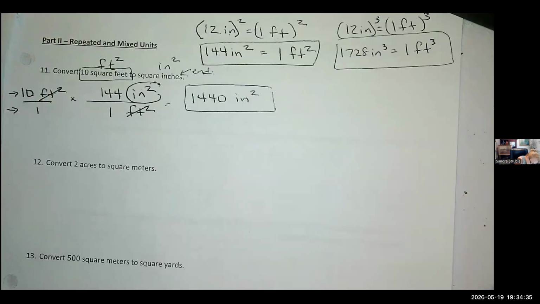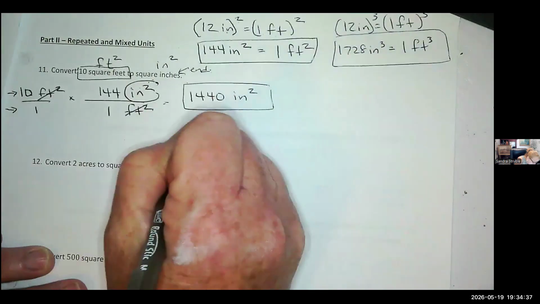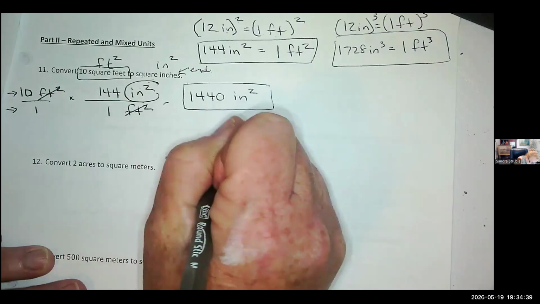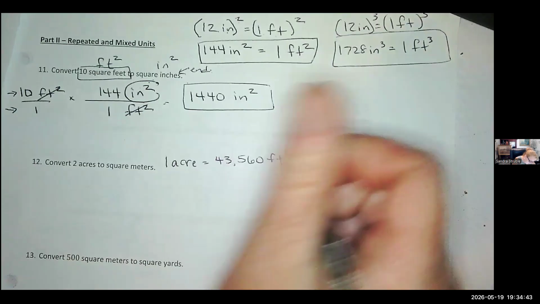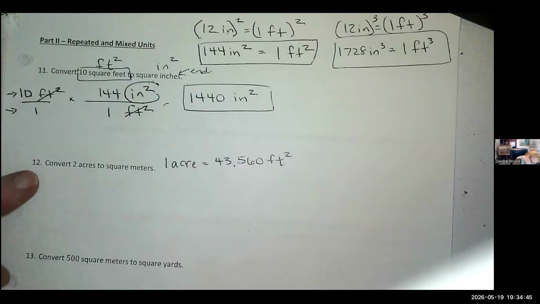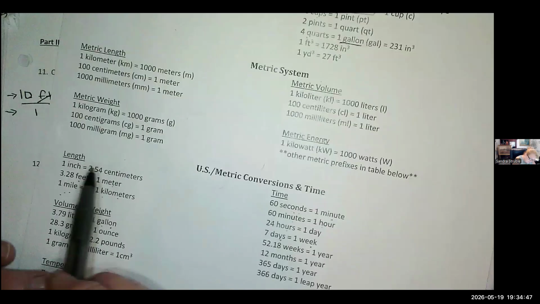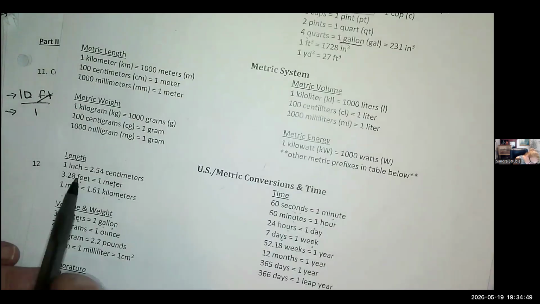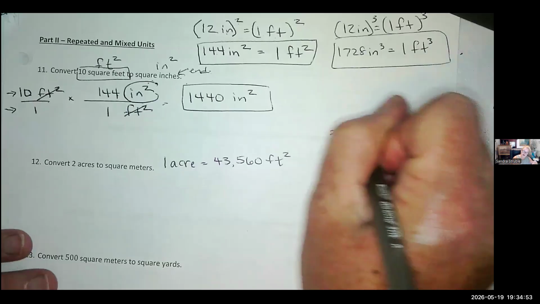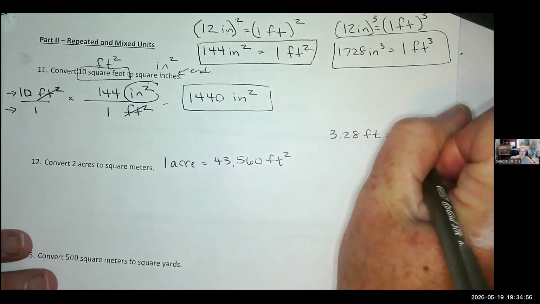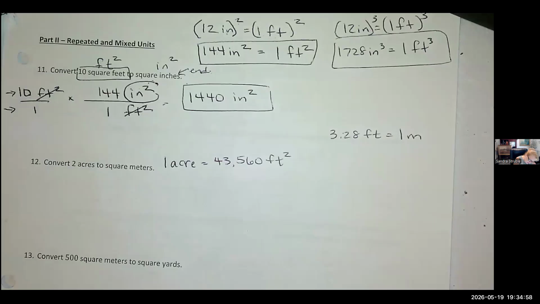There's one conversion. 1 acre is equal to 43,560 feet squared, but we want to go to square meters. Well, I can get from meters to feet. So 3.28 feet is equal to 1 meter, but we want them squared. We want the area piece of this. So I'm going to have to square both sides.